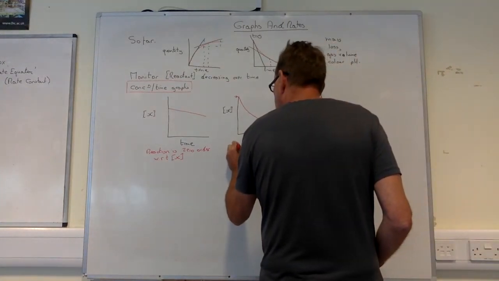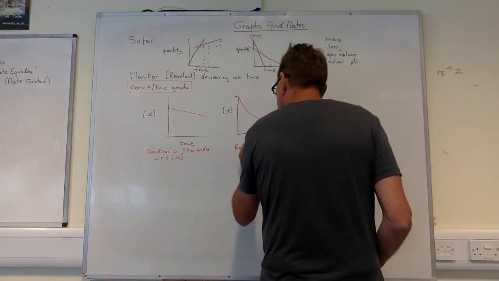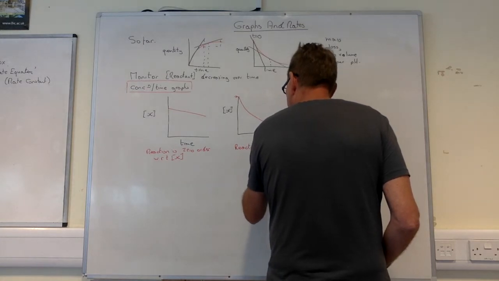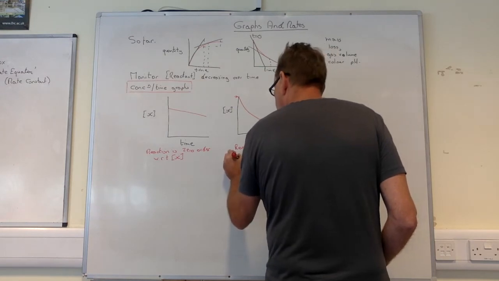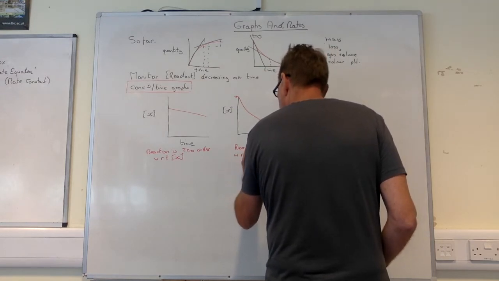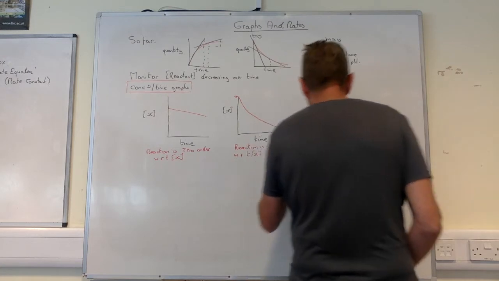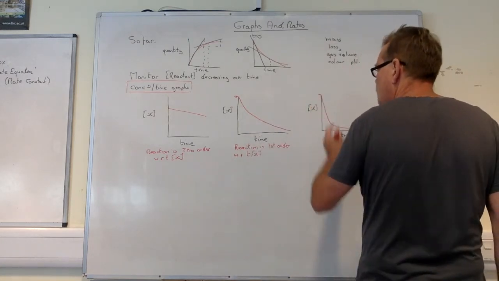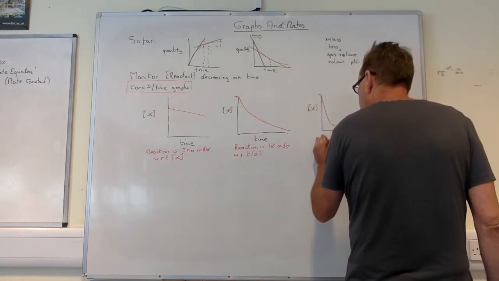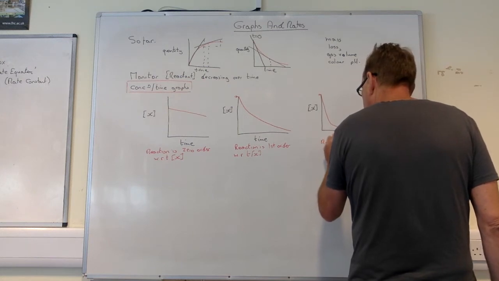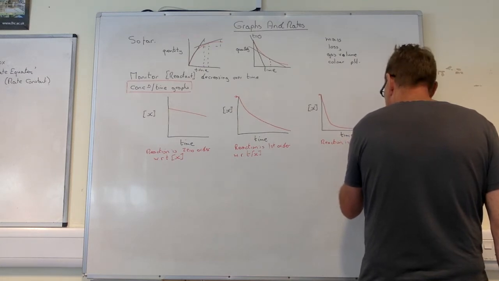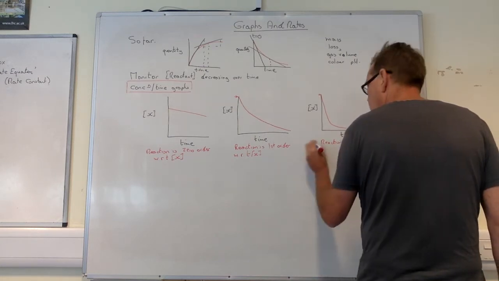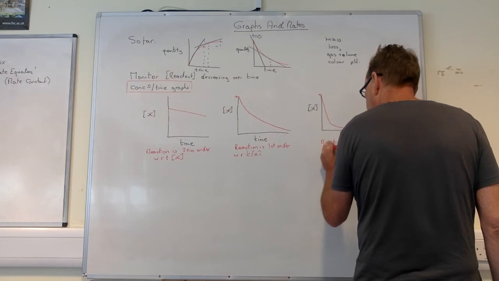Well, if you get one that looks like this, the reaction is first order with respect to concentration of X. If you get one like that, it's tighter in, it's more of a dramatic drop. Reaction is second order with respect to concentration of X.